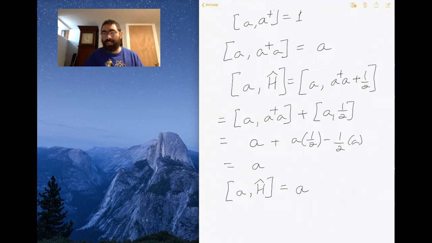So it's almost like a conservation property that if you operate with the operator A on that dimensionless Hamiltonian, you get the operator back again.